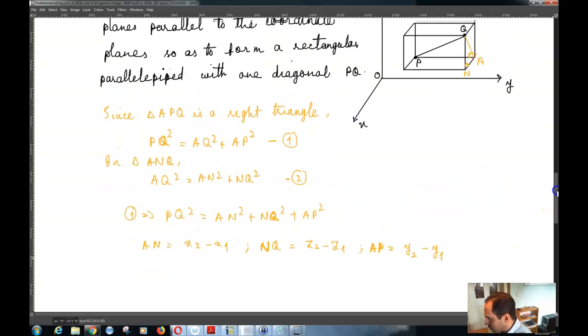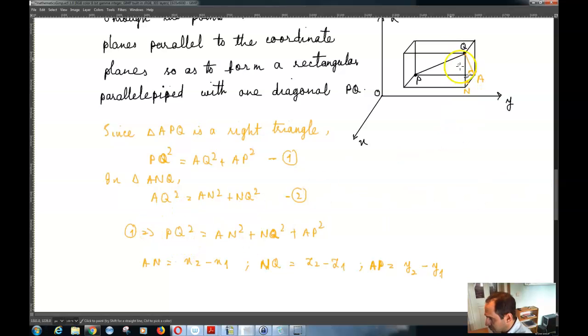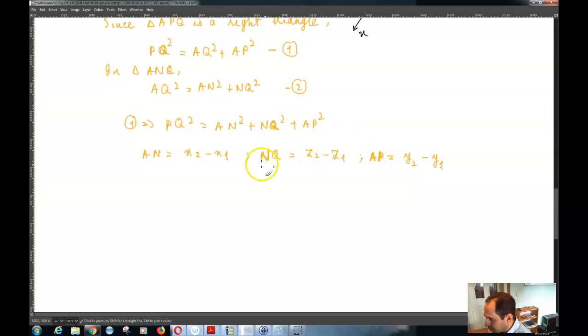Now this equation I can write as PQ squared, and PQ squared is actually the distance between the 2 points that we were looking for, which are 2 points in three-dimensional space. We have found that in terms of the coordinates.